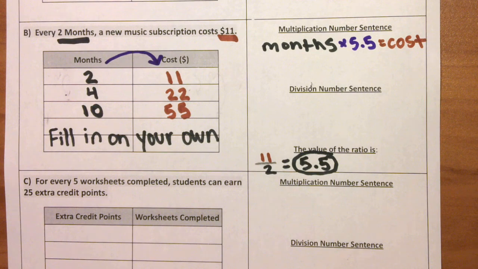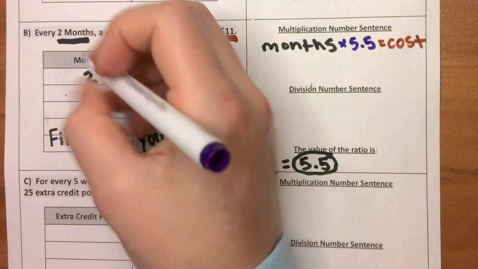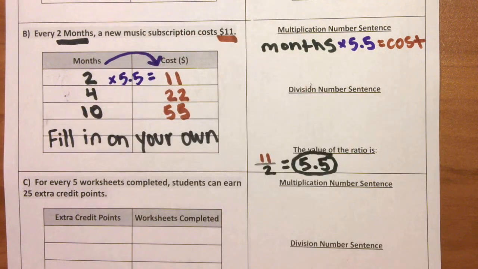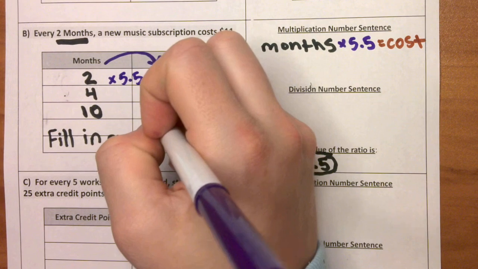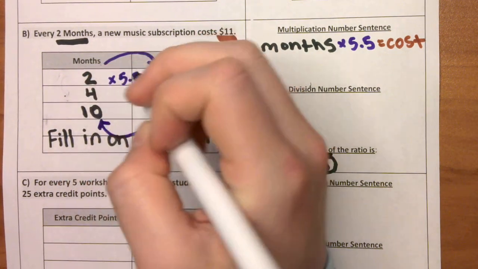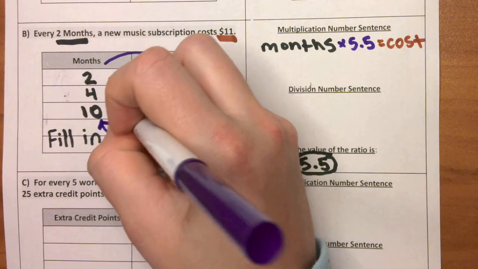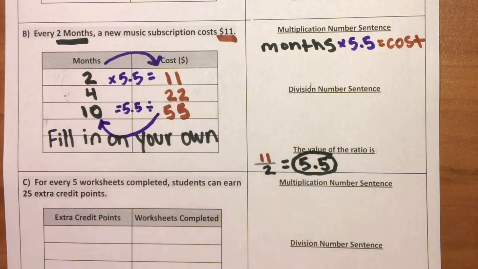So if we know we're multiplying our months times 5 and 5/10 to get our cost, that means for our division number sentence, we're going to go the opposite direction. Our cost divided by 5 and 5/10 will give us our number of months.